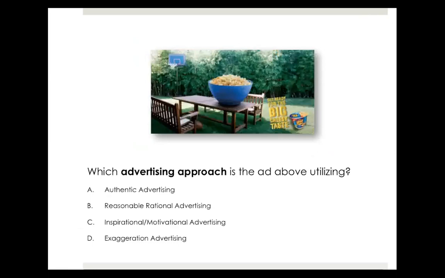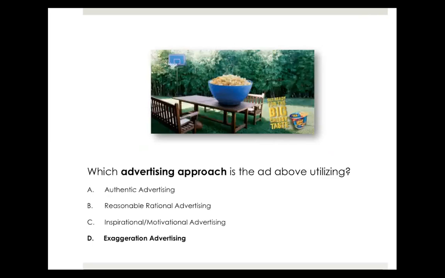What about this one? Which advertising approach is the ad above utilizing? Authentic advertising, reasonable, rational advertising, inspirational, motivational advertising, or exaggeration advertising? This is big. This is for Kraft mac and cheese. That's a big bowl on the table.